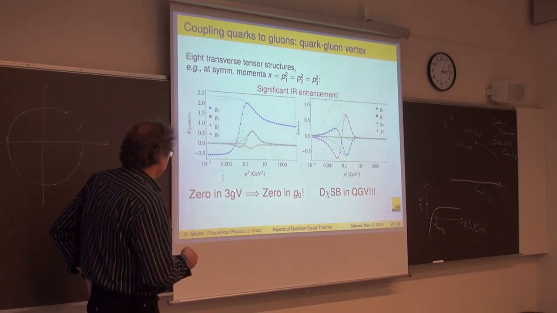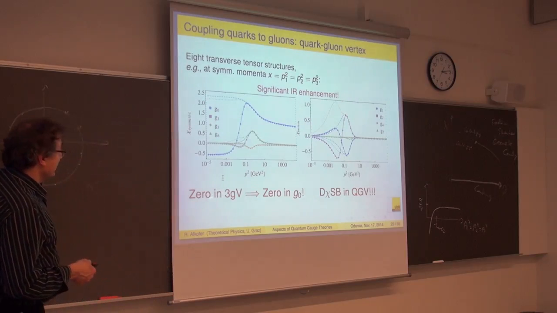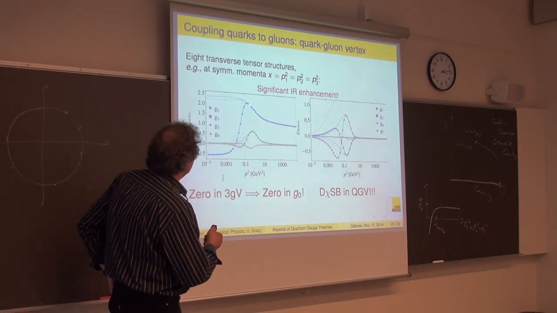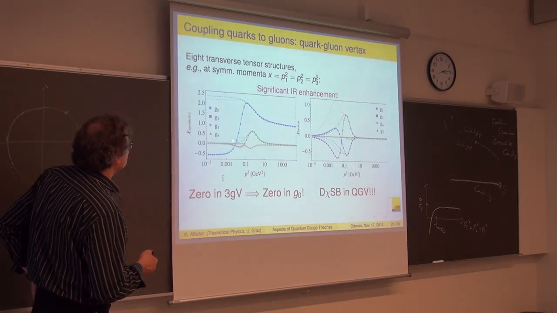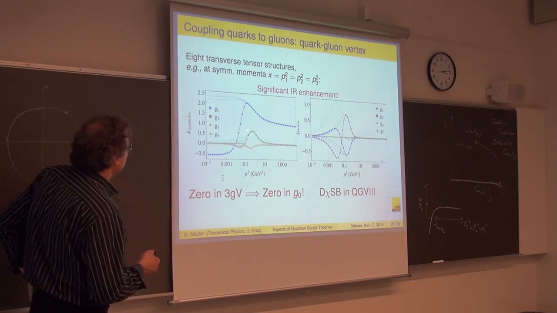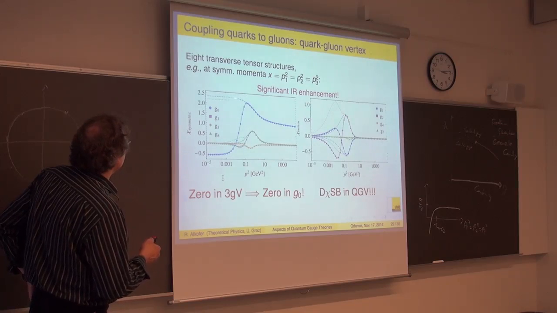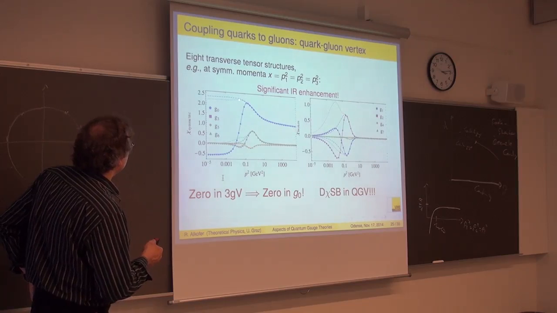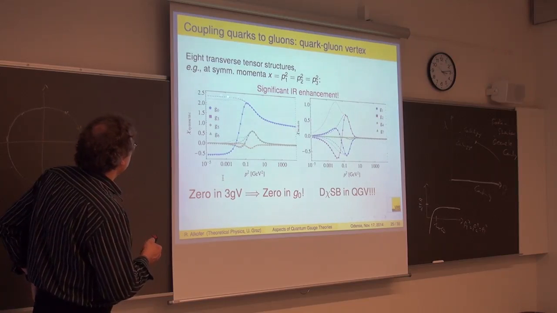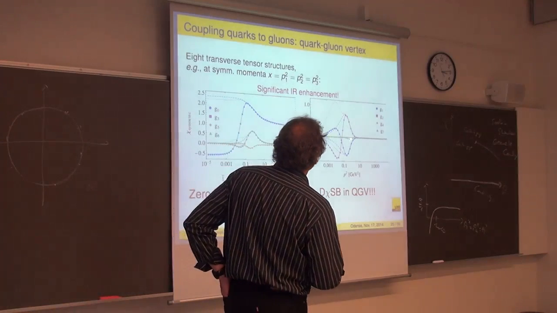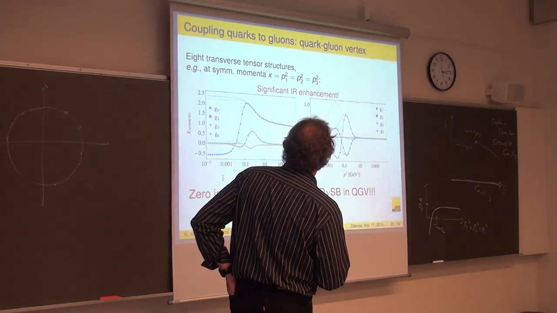How do we know that this comes from the zero in the three-gluon vertex? So we simply manipulate the input three-gluon vertex such that here it's either totally straight or even goes slightly up. And then you see that these functions all react, especially you don't get the zero crossing here. Also, you don't get the zero crossing on this one here.